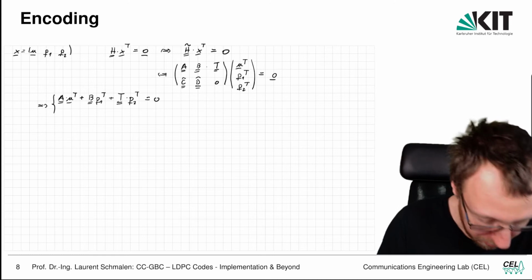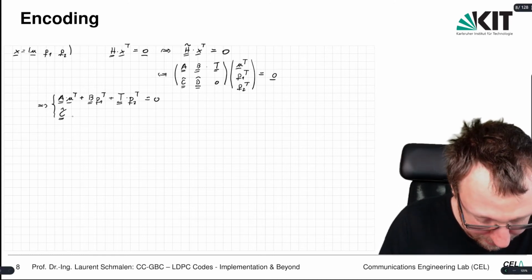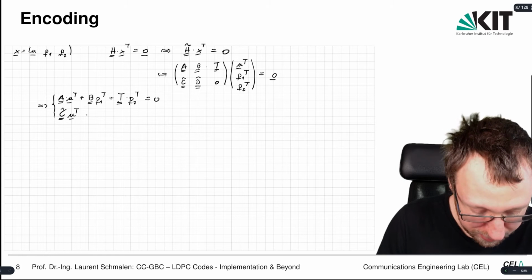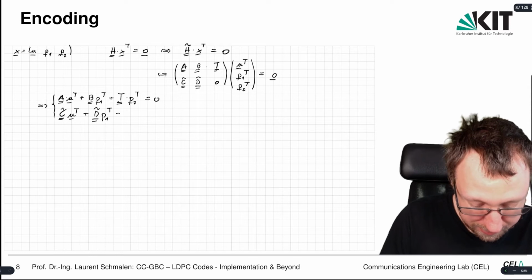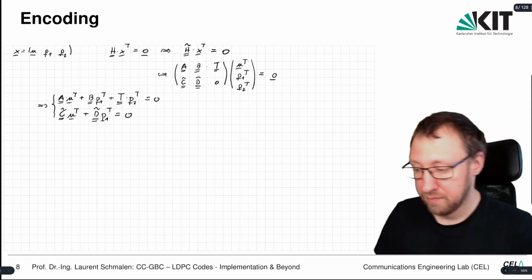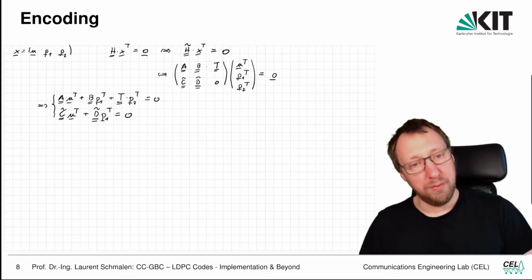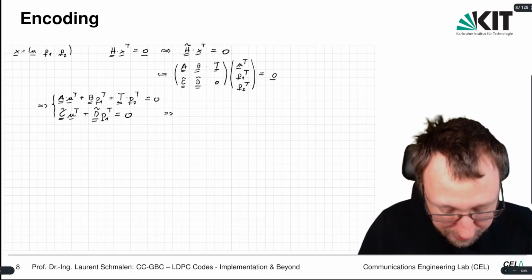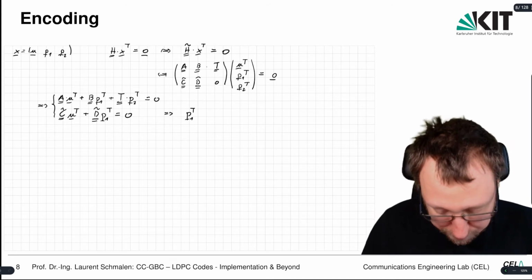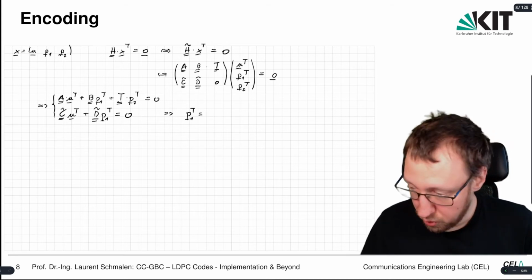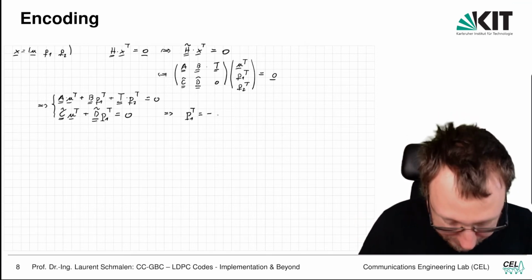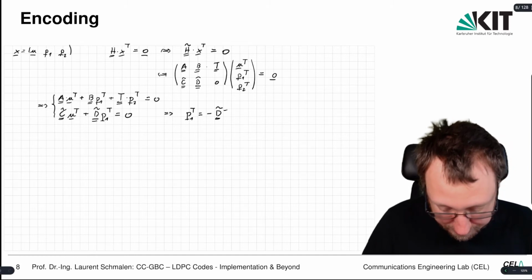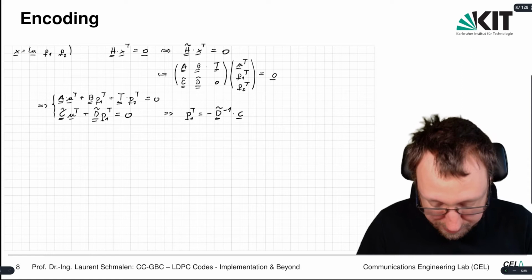Now looking at the second row, it means that C tilde times U transposed plus D tilde times P1 transposed is equal to 0. So from the second line, let's rearrange the equation, P1 transposed is equal to minus D tilde inverse times C tilde times U transposed.